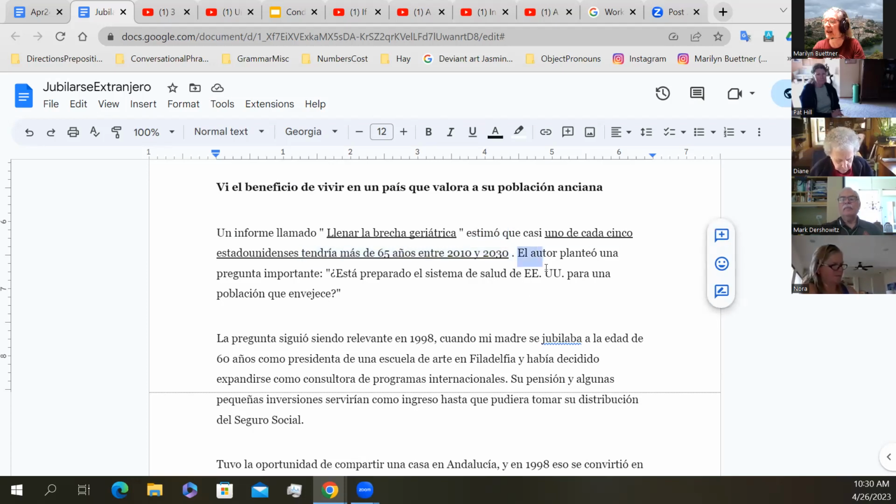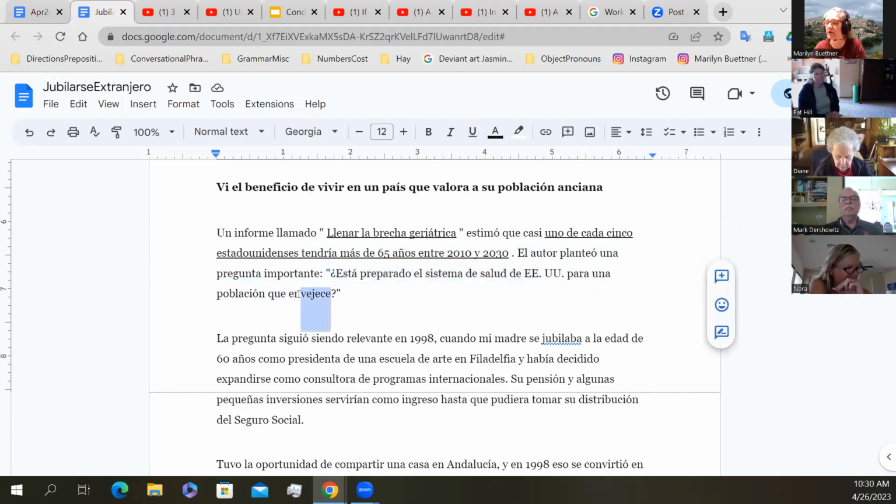El autor planteó una pregunta importante. Planteó looks like planted. How would we phrase that in English? Probably posed that question, right? Posed an important question. ¿Está preparado el sistema de salud de Estados Unidos para una población que envejece?